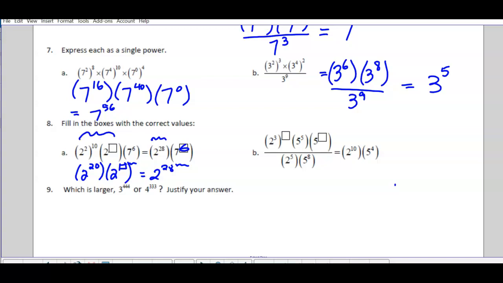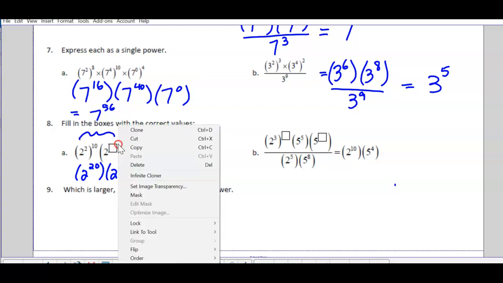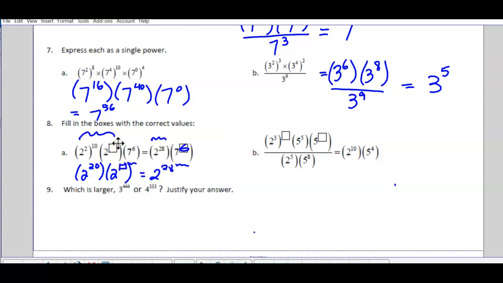So that would have to be an 8. Okay, so that we'd have 28 as our exponent. Okay, so I did power of a power, then I know those are multiplied together. That part has to equal this part. Okay.